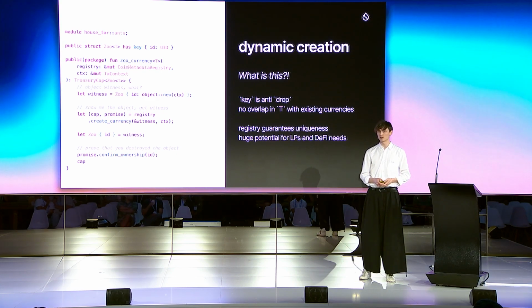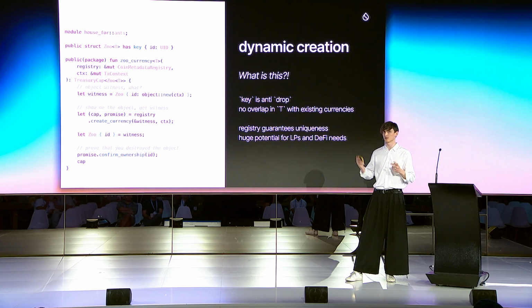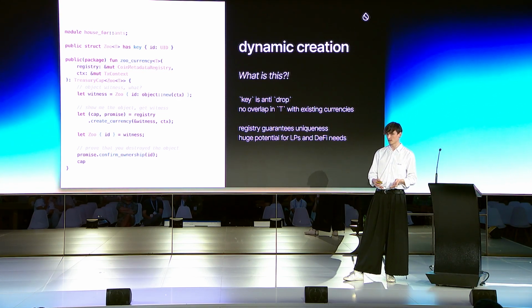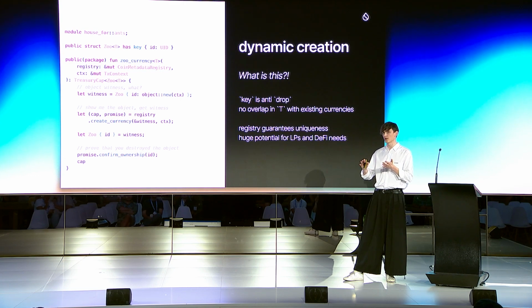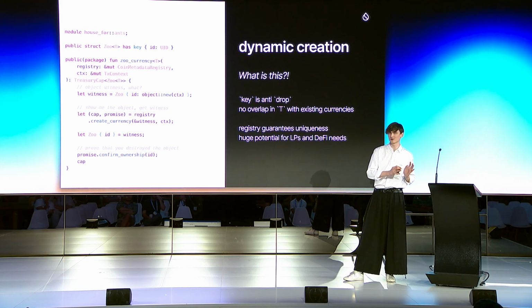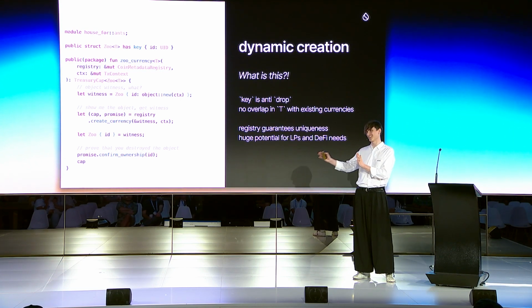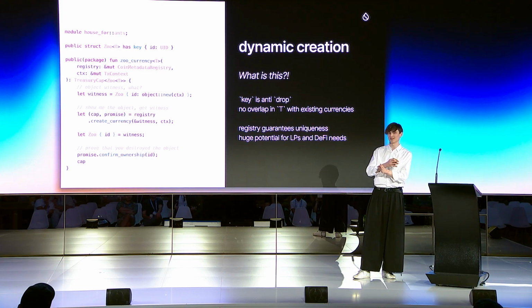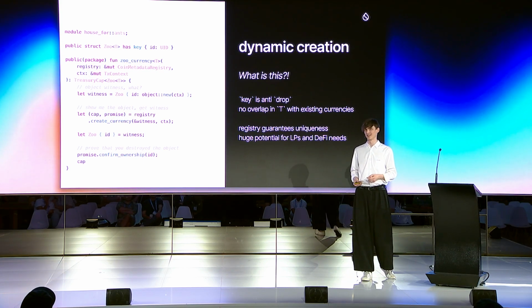And the way we solved it, or in theory we solved it, because it's not rolling out just yet, is by adding a counter ability constraint, which is key, to differentiate between all coins created before and the coins created past the registry.